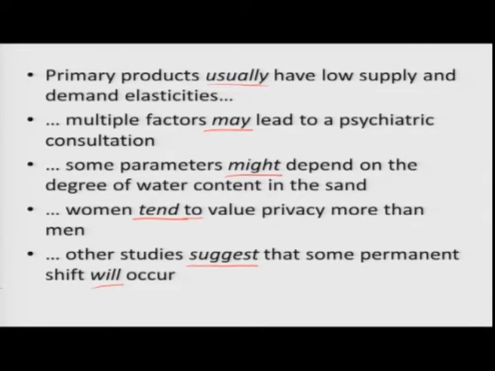Now, let us look at these contexts and see what difference they have brought in. Looking at the first sentence, if you simply say primary products have low supply and demand elasticities, this is a strong claim applicable in all circumstances.